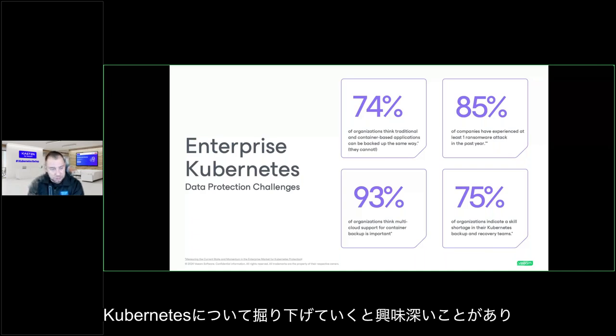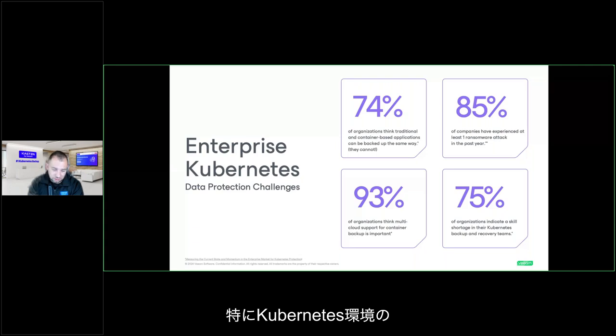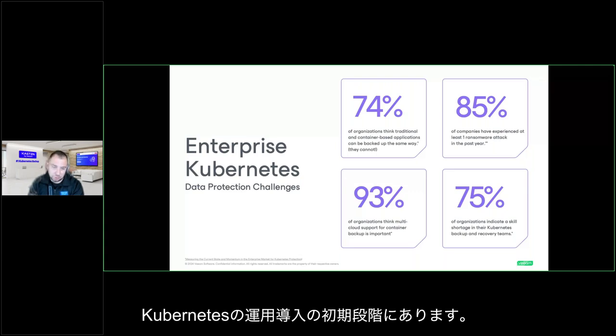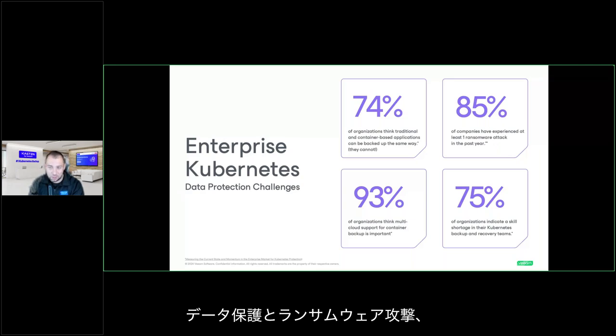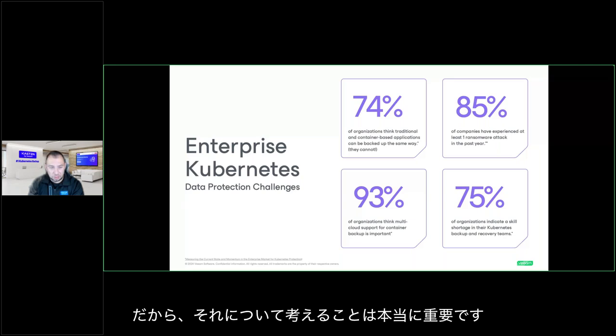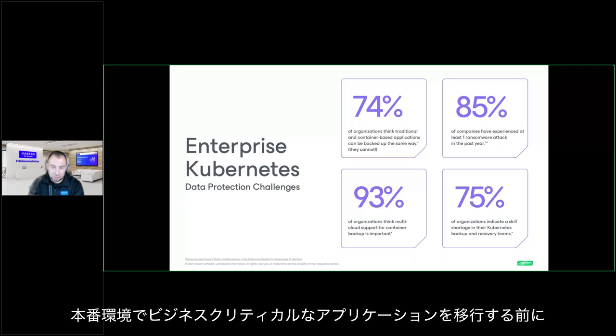The interesting thing when you start digging into Kubernetes environments in production is that a lot of customers right now are at the beginning of the adoption of Kubernetes in production, and all those topics, especially security, data protection, and ransomware attacks, are still new for the Kubernetes space. So it's really important to think about that before moving business critical applications to production on Kubernetes.